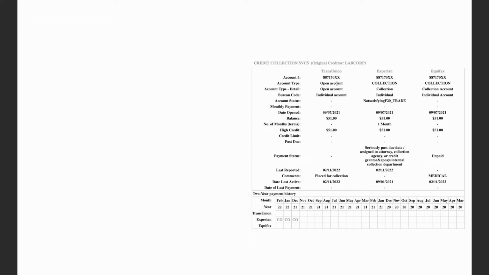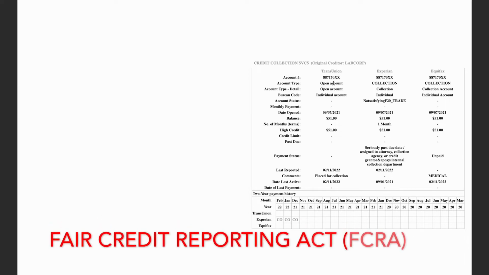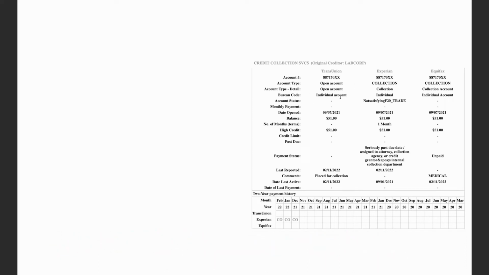You can say the account type says that it's an open account, when collection accounts cannot be identified as an open account. So, remove this item because it's not reporting accurately on my credit report according to the FCRA. Something simple like that. But let's continue to go through each line.